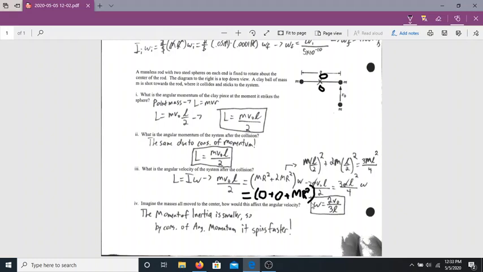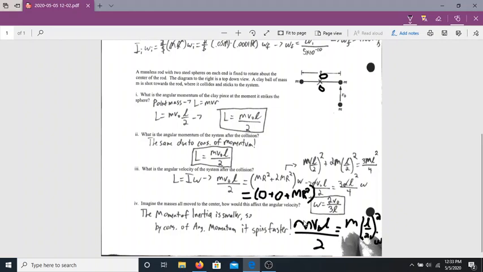Okay. And then we know it's just the mass m, so we put in L over 2. So we're left with the original angular momentum, m v naught L over 2, is going to be equal to m (L over 2) squared times the new angular velocity that we don't know yet.